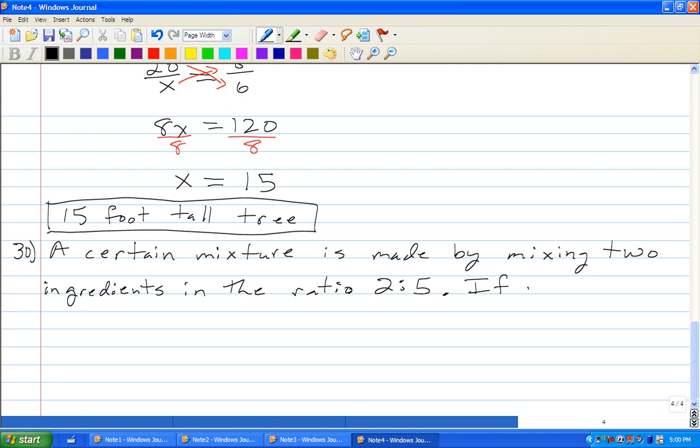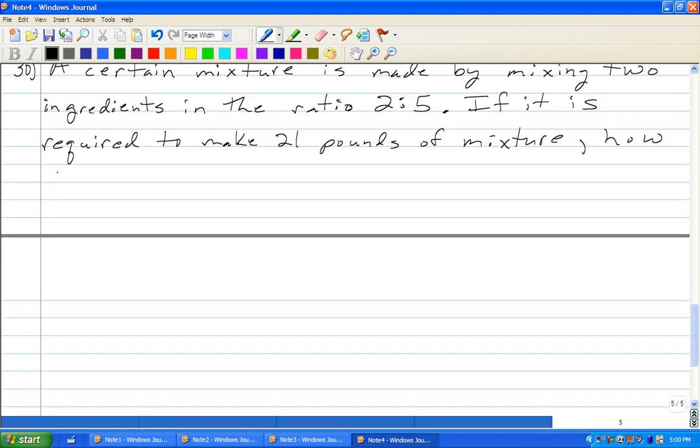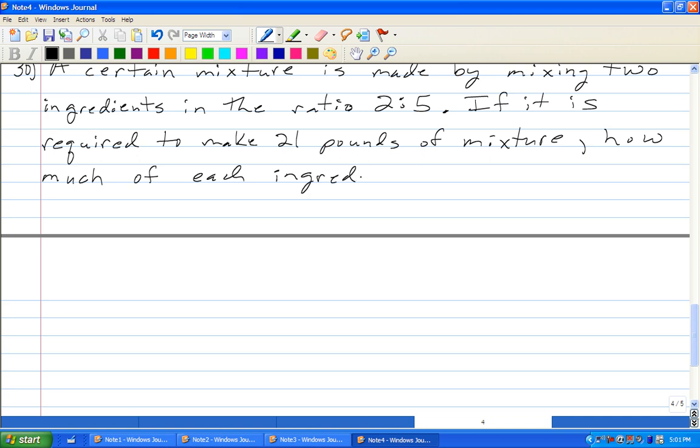If it is required to make 21 pounds of mixture, how much of each ingredient will be needed? Okay, so we have that this is a ratio of 2 to 5.